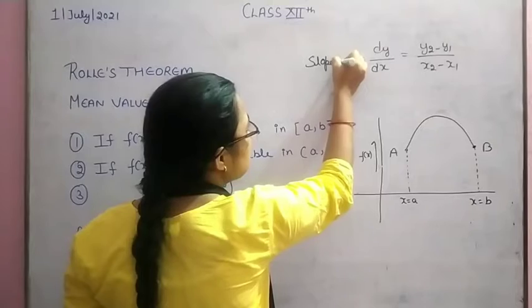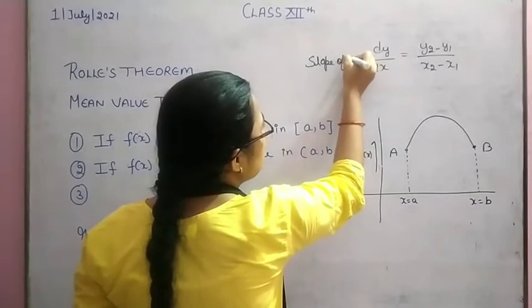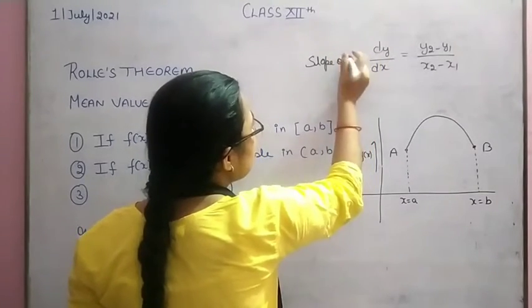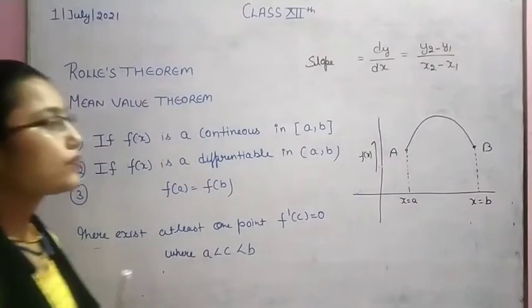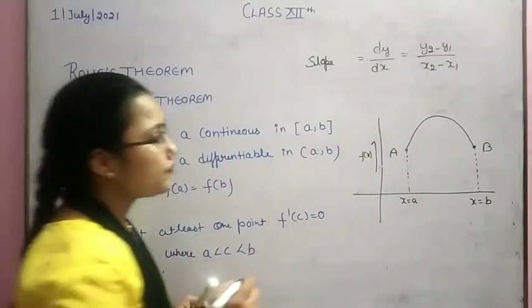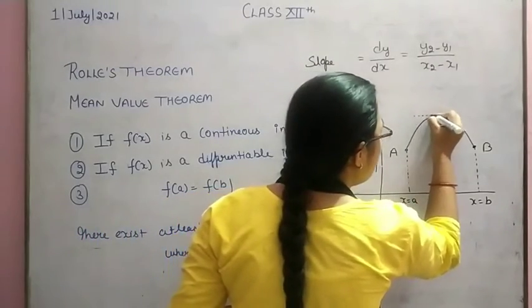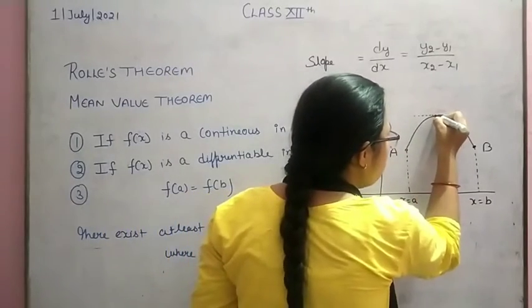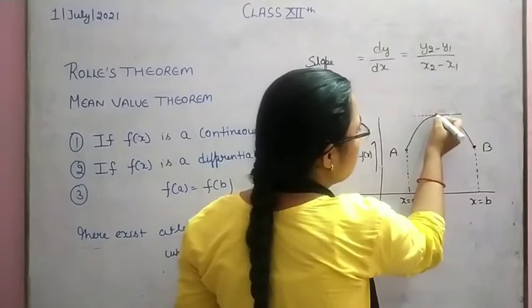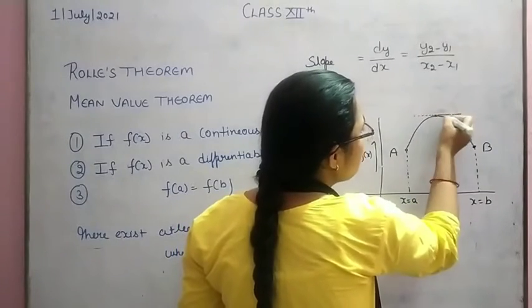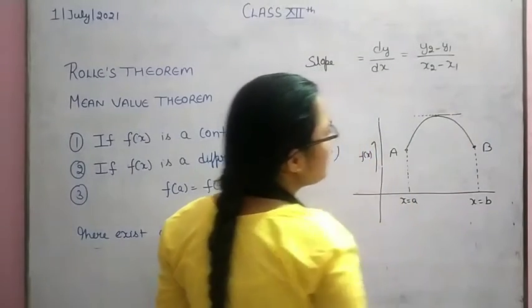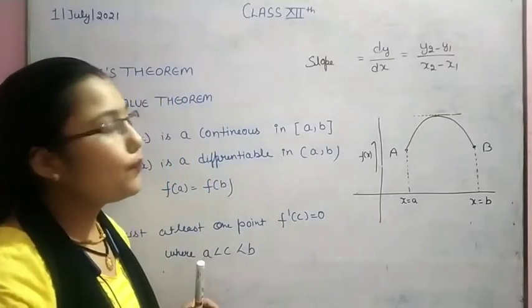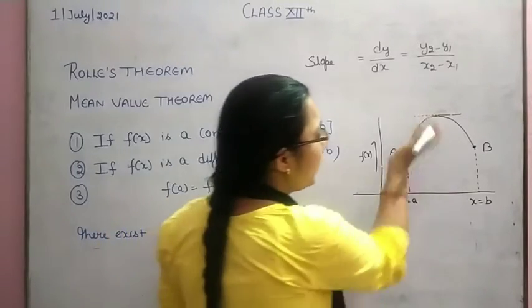That is the slope of a line or any function. Now suppose we are drawing a tangent. At this point we notice that the slope of this tangent line equals 0, and these two are parallel.